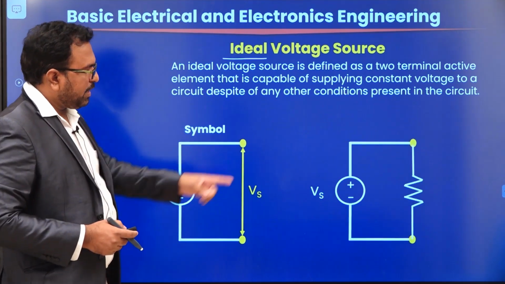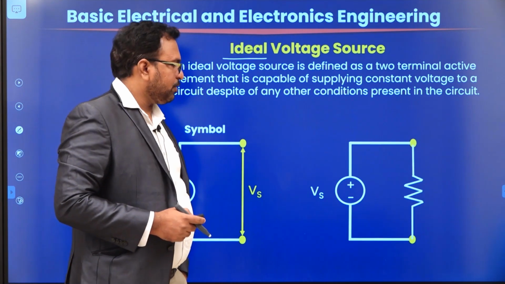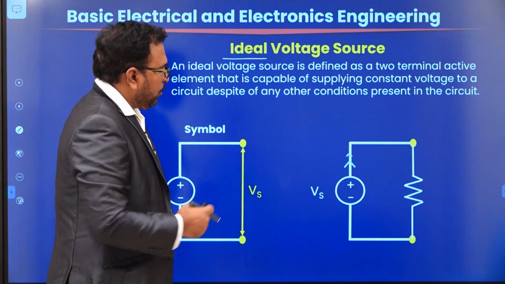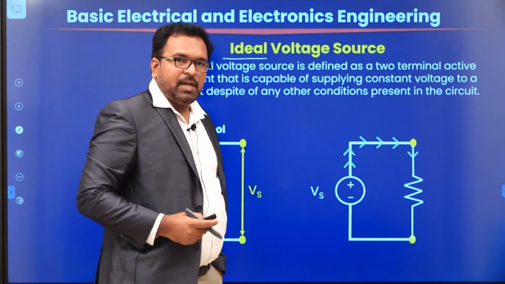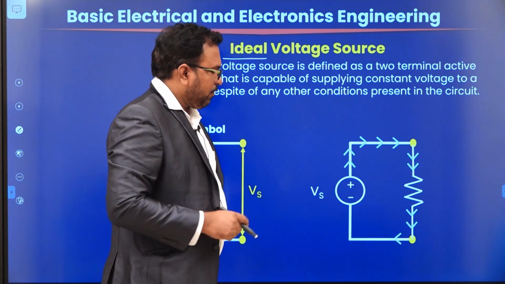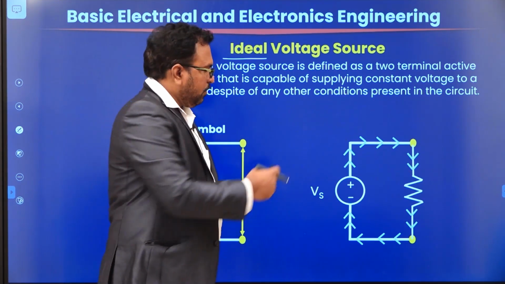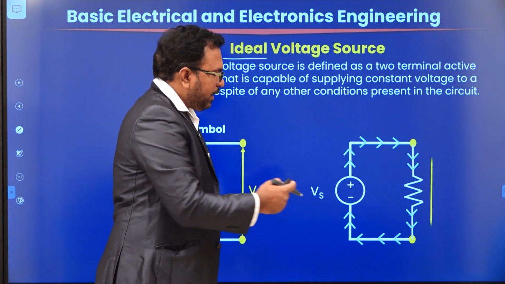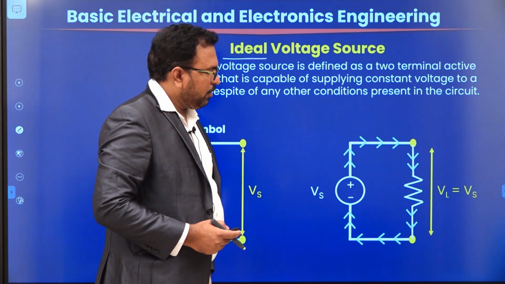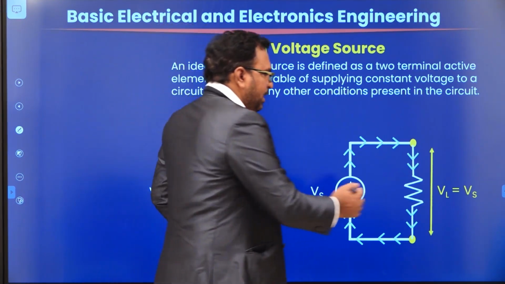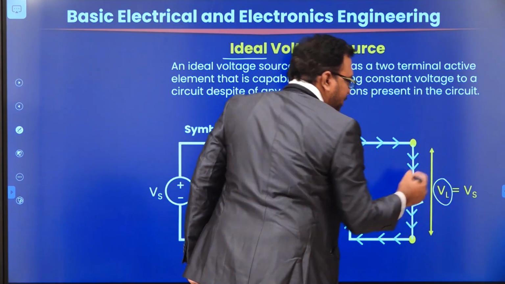For example, consider a resistor connected to the source. Now some current will flow through the circuit. The value of the current doesn't matter. Whatever the current, the voltage across the resistor must always be equal to Vs. So this VL is nothing but the voltage across the resistor.